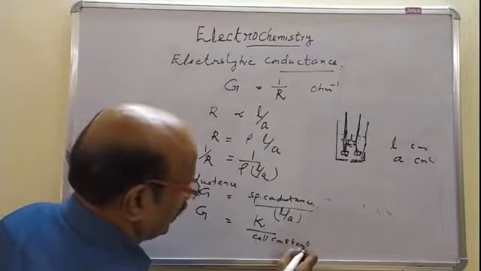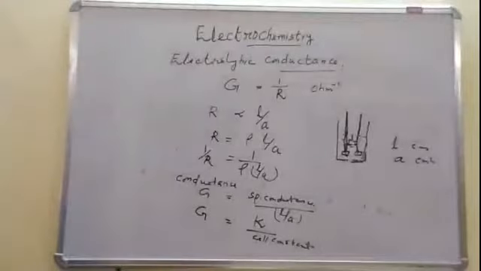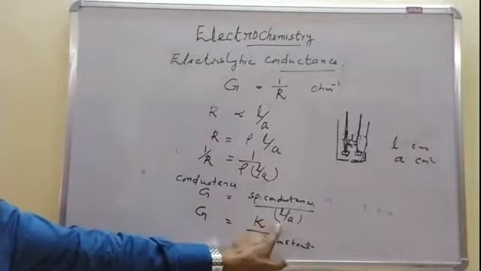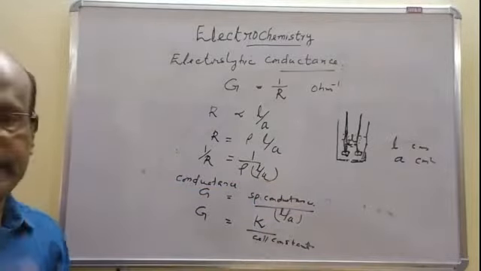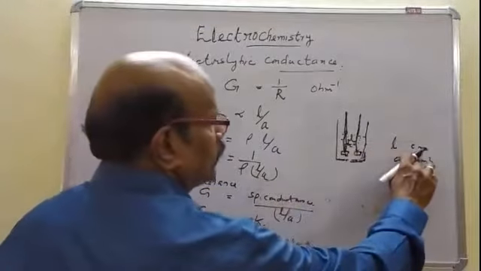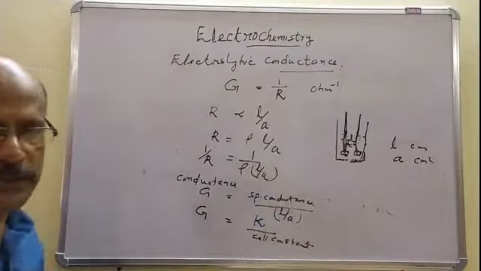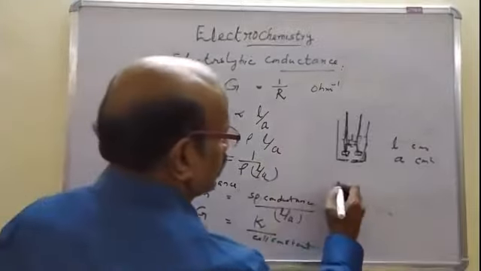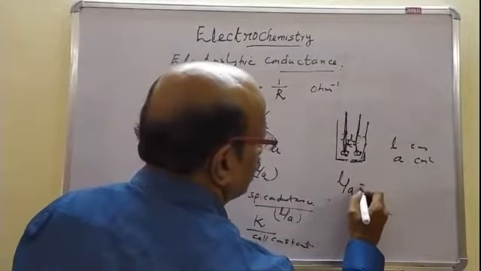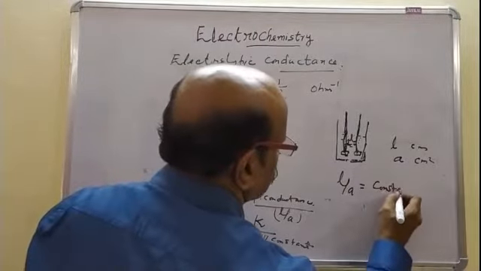For a given conductivity measurement, the electrode assembly is fixed, so the length L of the column and the cross-sectional area of the column are fixed. Therefore, L by A as such is a constant. So you remember, L by A is a constant.